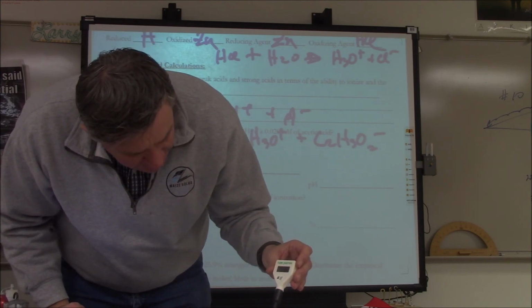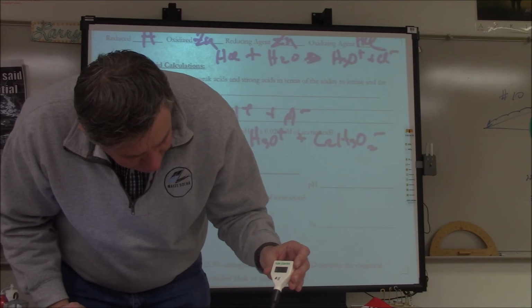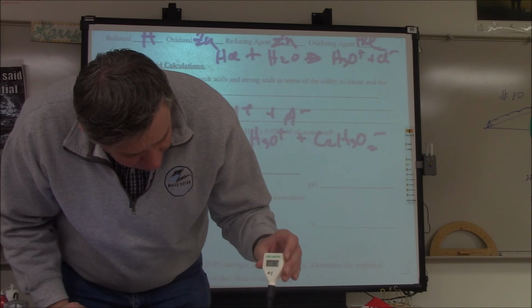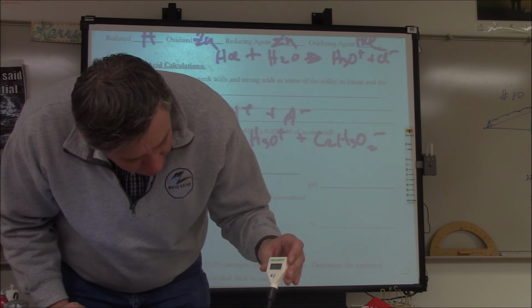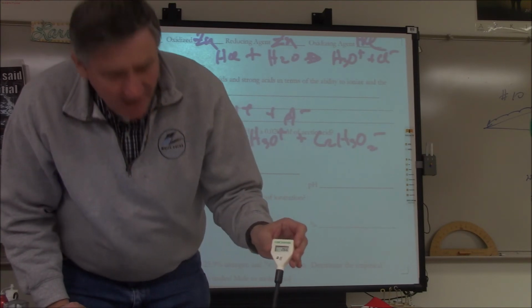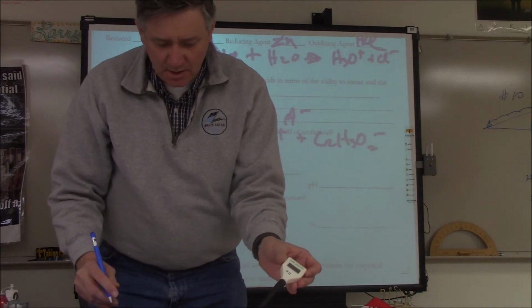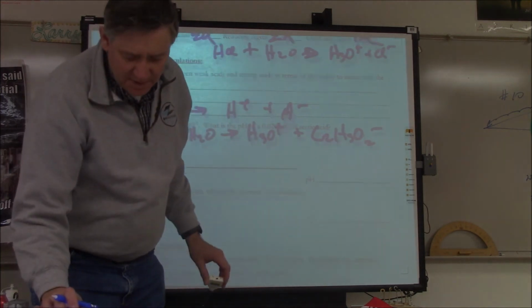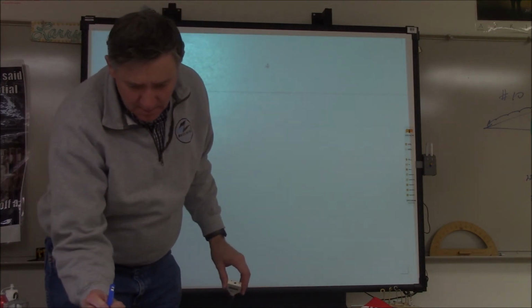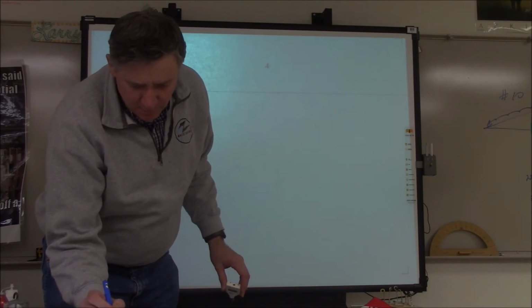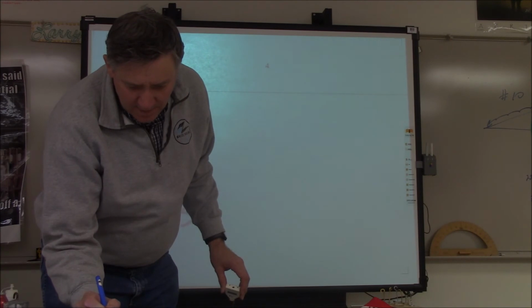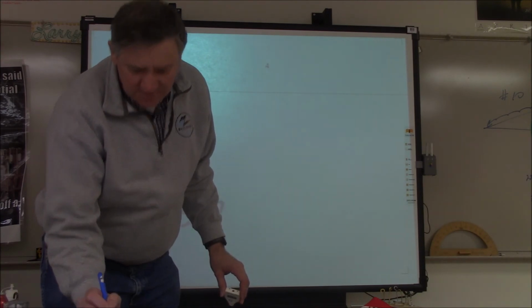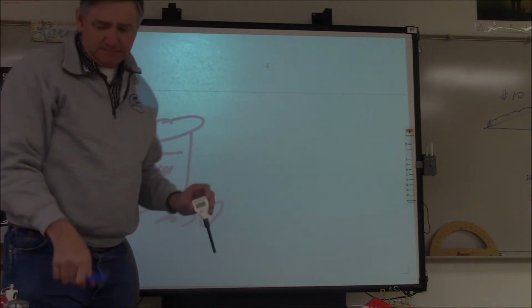And the pH drops to about 2.5, okay? So when I put the pH probe into 0.1 molar hydrochloric acid, that read about 2.50 as my pH, okay?